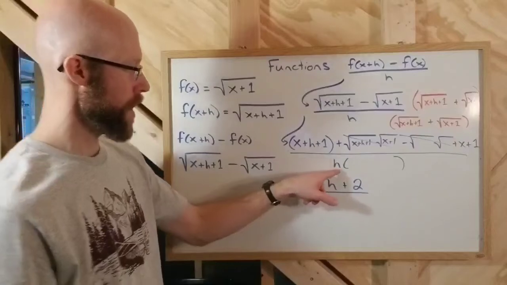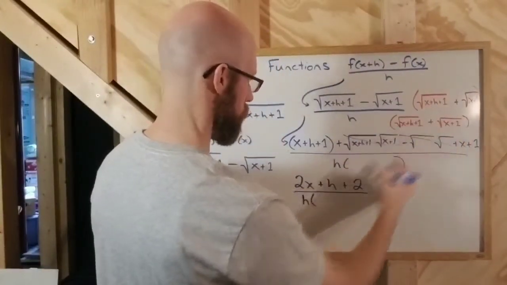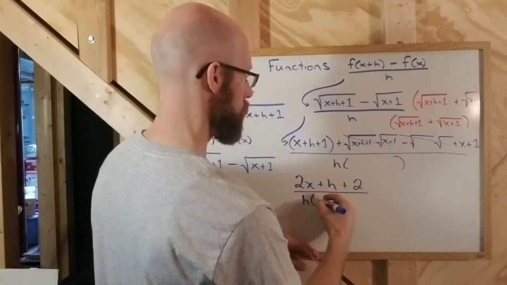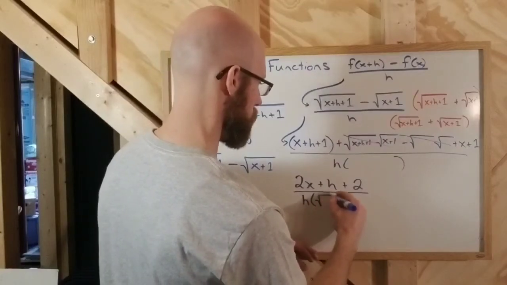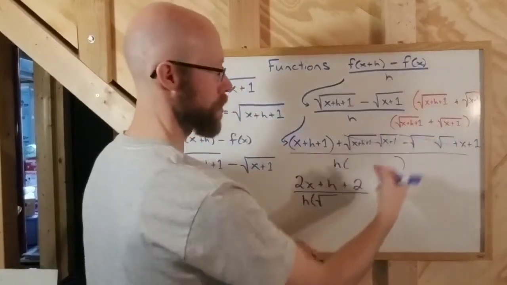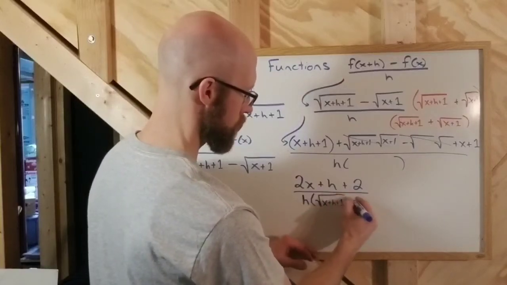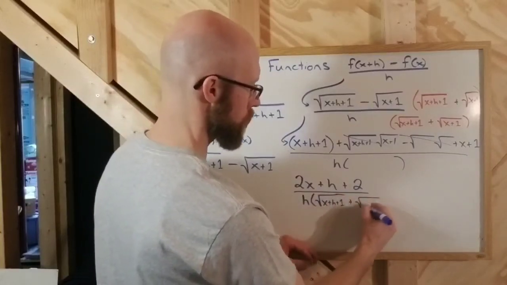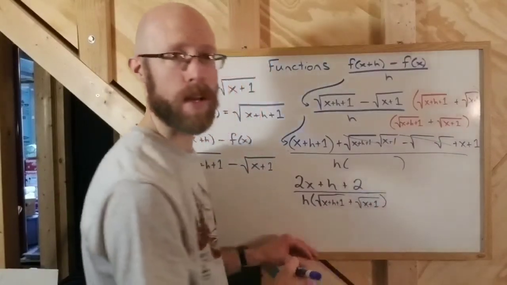The denominator has h times that radical expression. So it's x plus h plus 1 under the first root plus the root of x plus 1 in the second one.